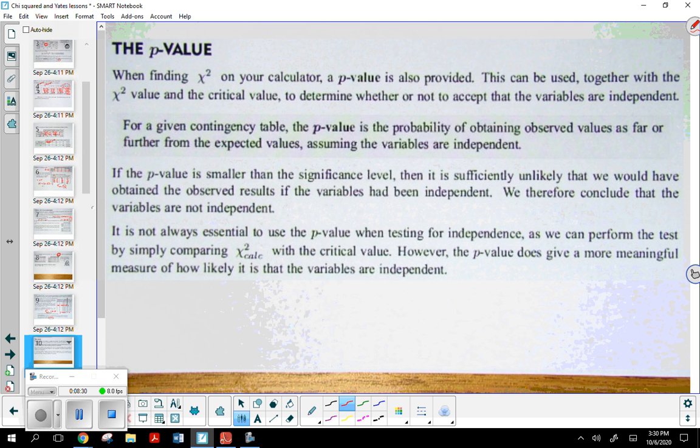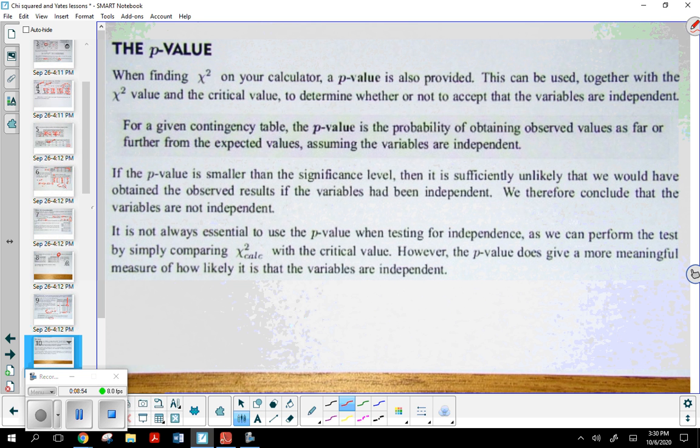The p-value, kind of think about this as a confirmation, as a way of double checking the original conclusion that you made. So the p-value could very well agree with your original assessment, or it could actually contradict what you have. Now, normally in years past, I hadn't spent a lot of time on the p-value because we simply compare the chi-squared calculated to the critical value.